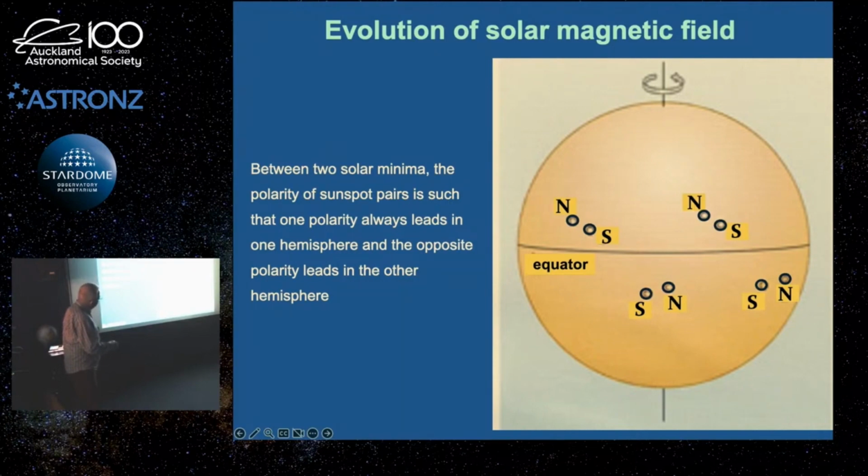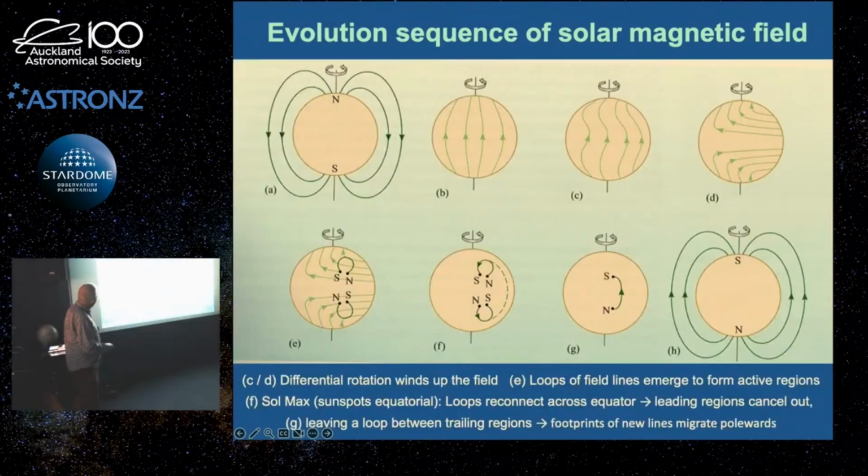The sunspots in pairs, the leading one will be the other one, which in this case is north, and the one behind it is south. And as it approaches solar maximum, the sunspots move more and more towards equatorial latitudes.